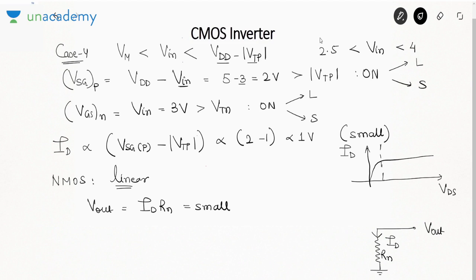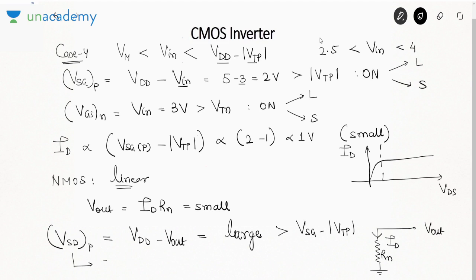If Vout is small, what about VSD of PMOS? The source to drain voltage of PMOS was VDD minus Vout. Vout is small, so the difference is large. If this is large, it will be greater than VSG minus mod VTP. So this PMOS is in saturation.